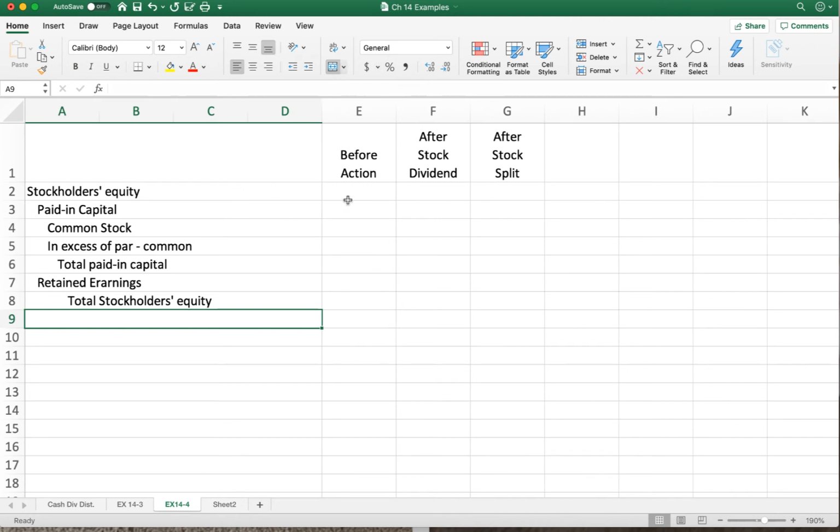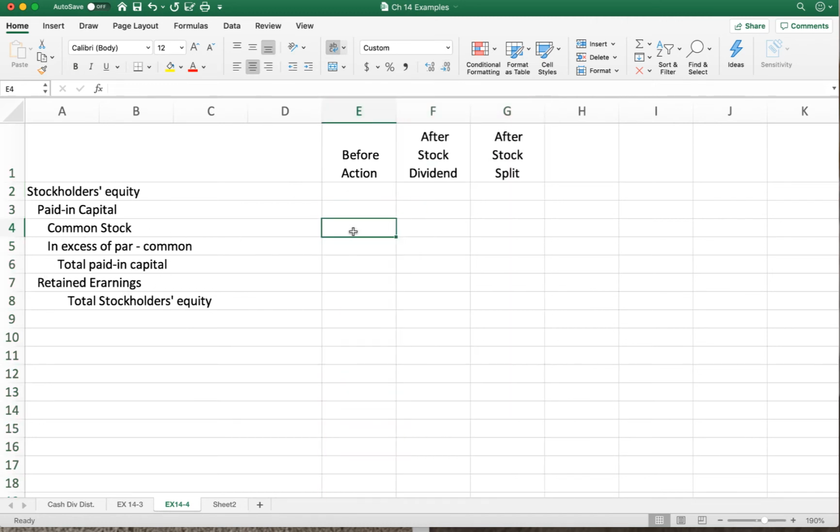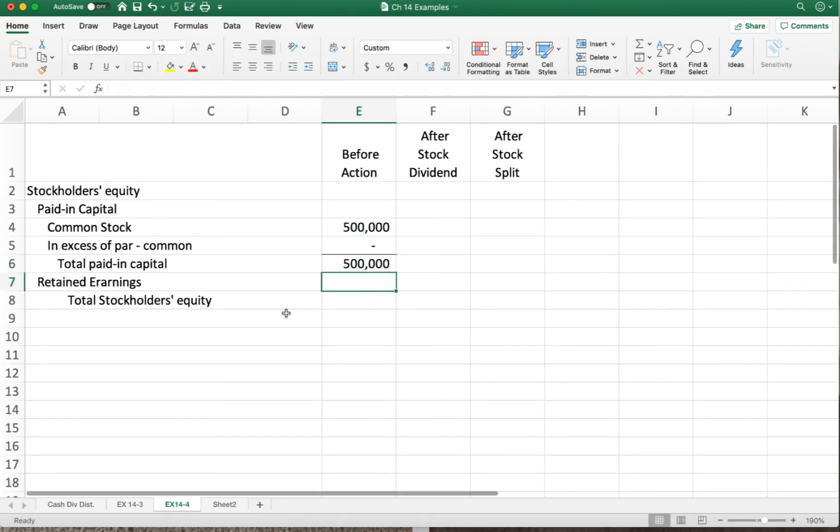Okay. Before any action was taken, they tell us that the common stock has a value of $500,000. We have no paid in capital in excess of par. Our total paid in capital is going to be $500,000.